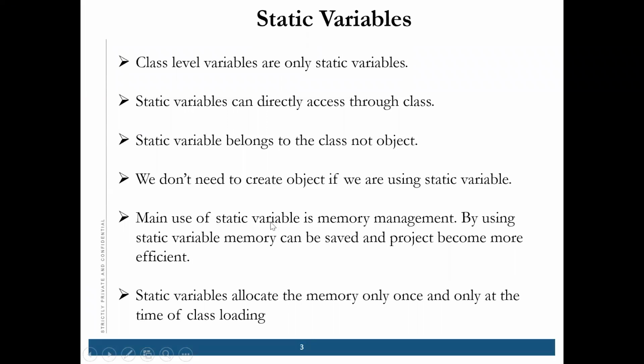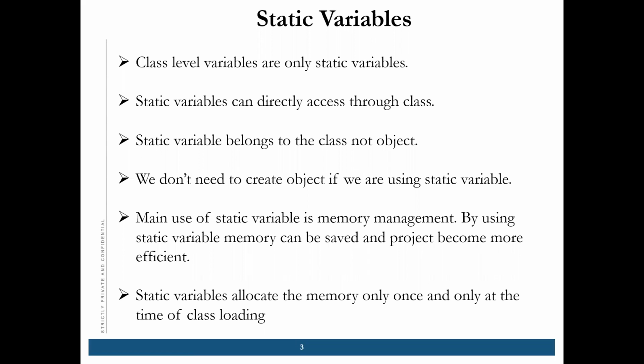So the main use of static variable is memory management. Now this is the important topic, why we are using the static keyword in those variables. Because of memory management. By using the static variable, memory can be saved, and your project or whatever software you are creating becomes more efficient.